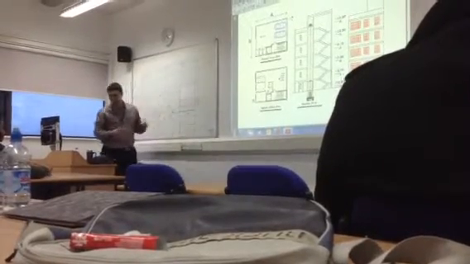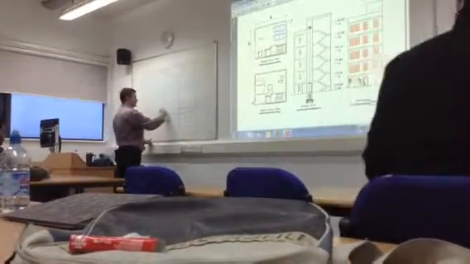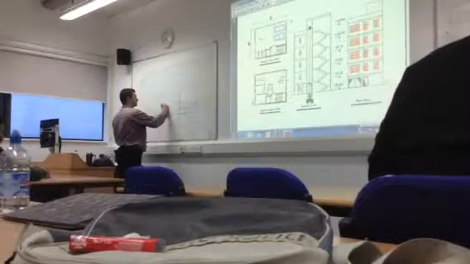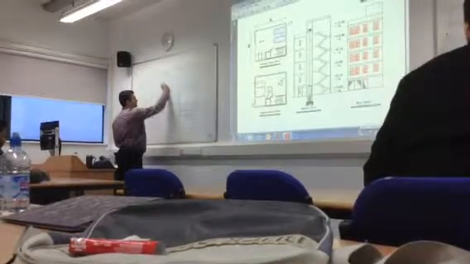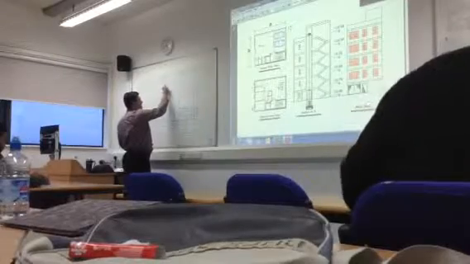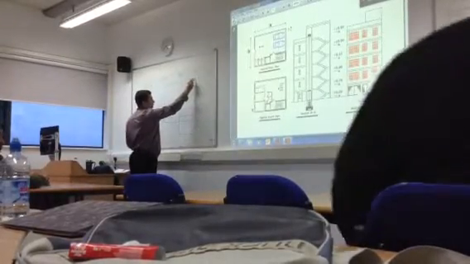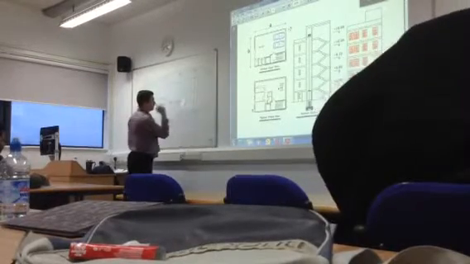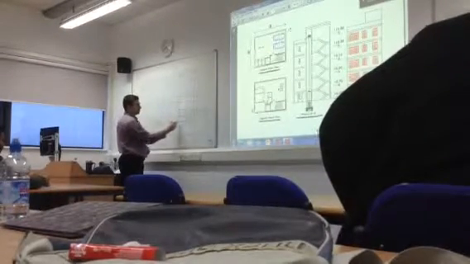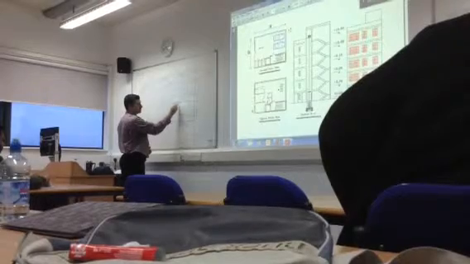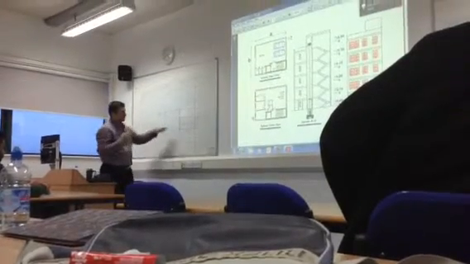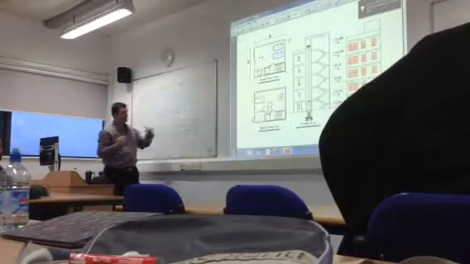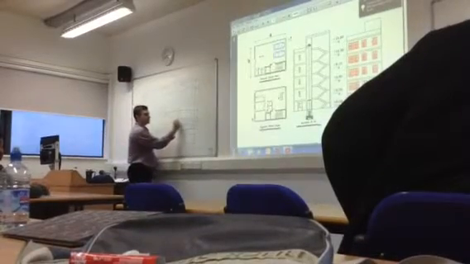It's better to show it with different colors, but I don't have different colors at the moment. And for all the primary beams, we have got one here. So this is the staircase. So you need another beam here.